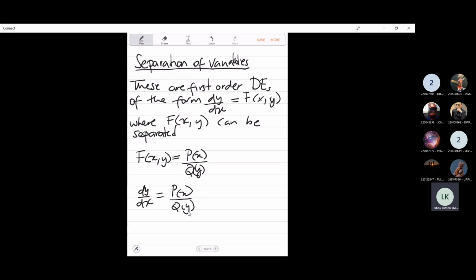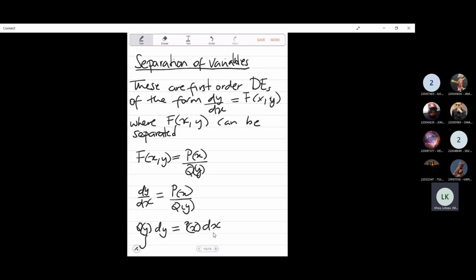So then I say the terms with y on one side. So I have q of y dy is equal to p of x dx. And you can see here, I just need to integrate both sides.